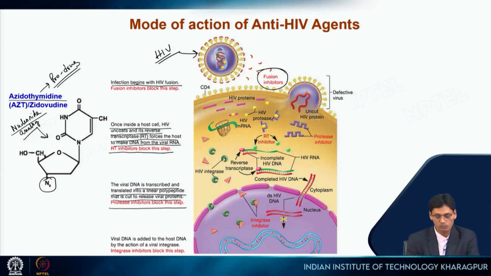And the last one here: the viral DNA, particularly for HIV, is added to the host DNA by an enzyme called integrase. So if we can develop an integrase inhibitor, it can also be powerful against HIV. Okay, so these are the different approaches to target human immunodeficiency virus.